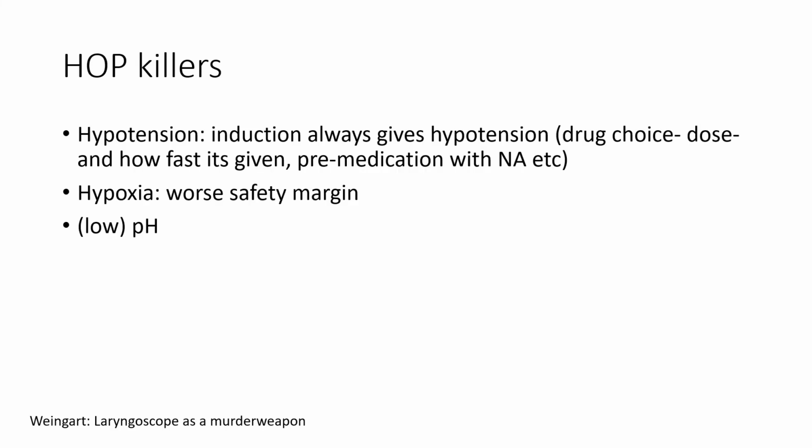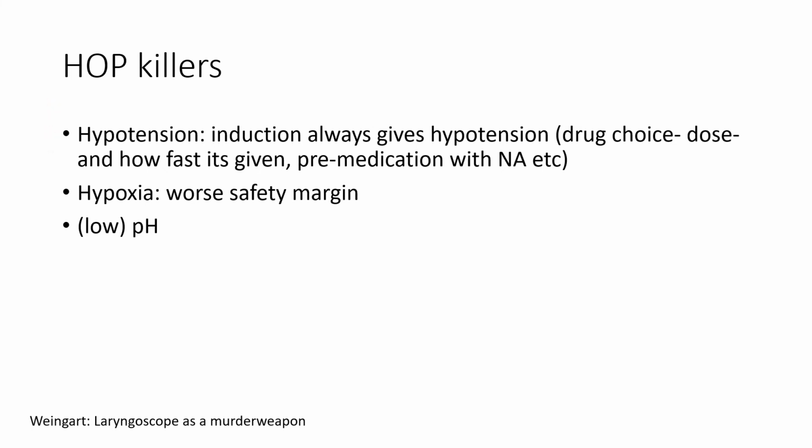So the HOP killers are, as we already talked about, a brainchild of Scott Weingart. And the hypotension problem is usually when you give drugs, as we said, the induction agents will make the hypotension become even worse.